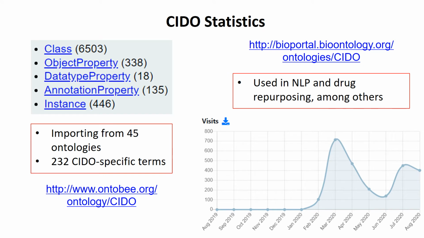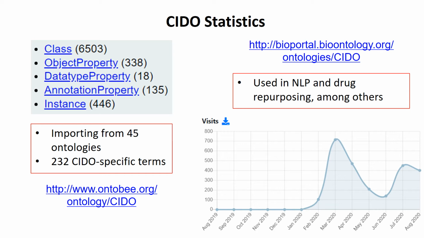Up to now, CIDO has over 6,000 classes, more than 300 object properties and other data properties, annotation properties, instances. So we imported terms from 45 ontologies.